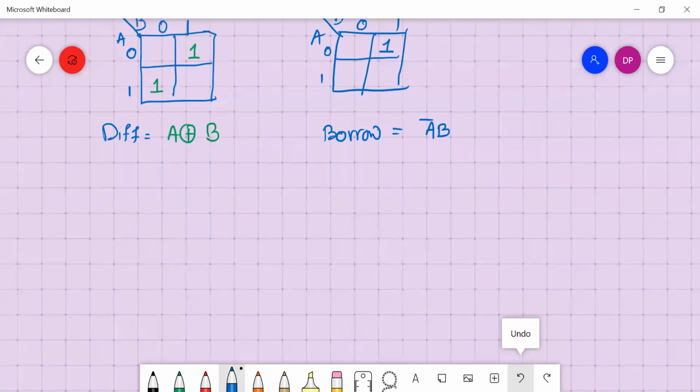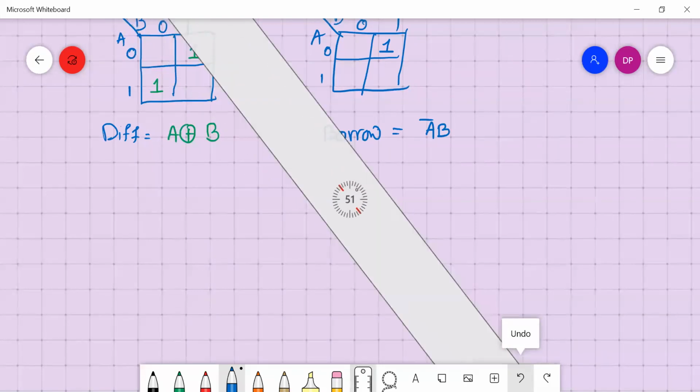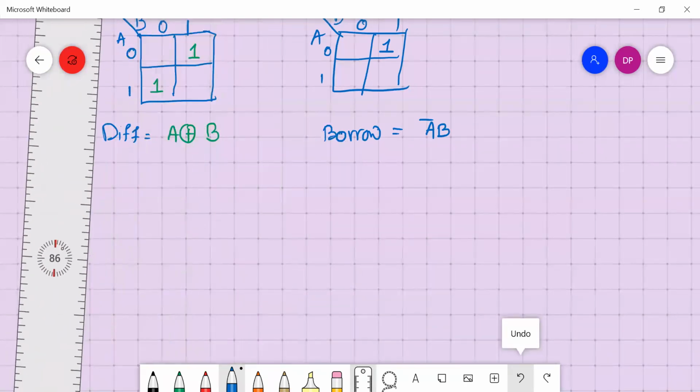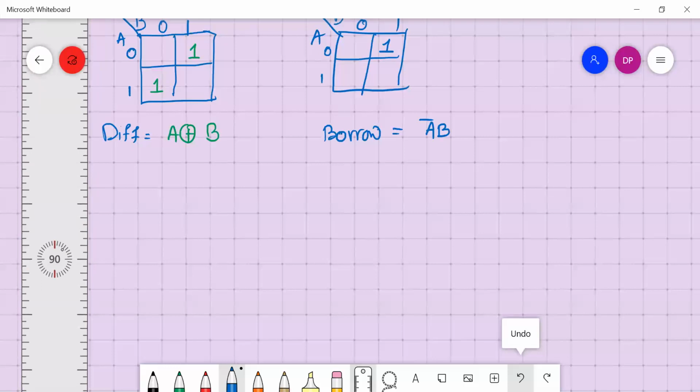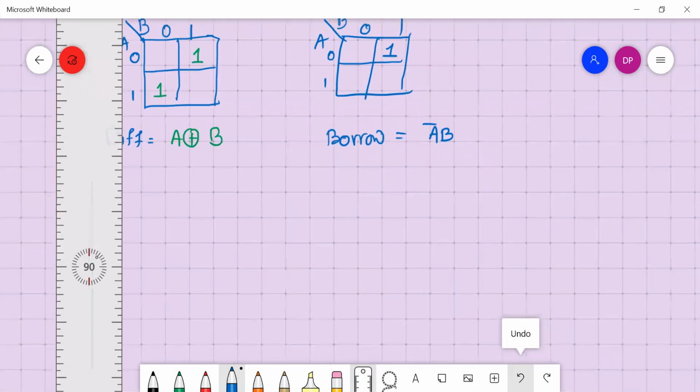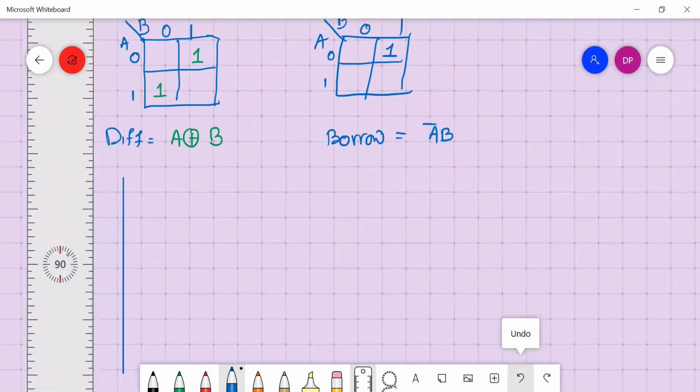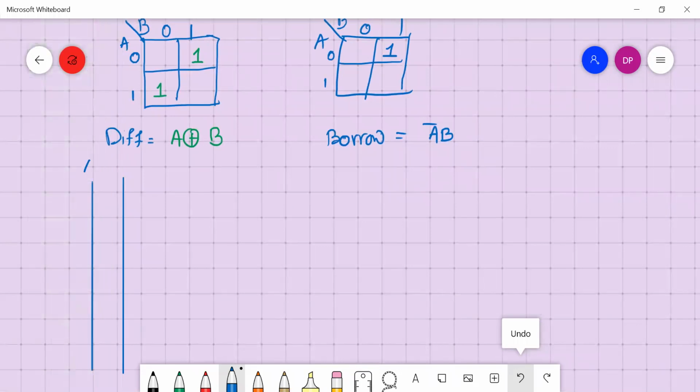So how to make the circuit? You take two inputs. This is A. Take another one. This is B. So A XOR B, right?